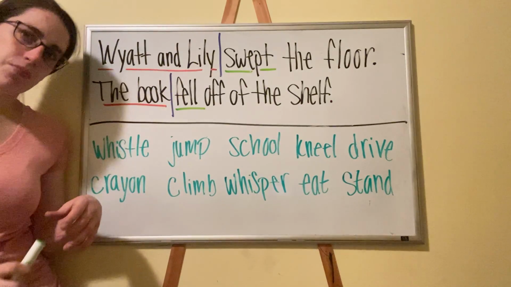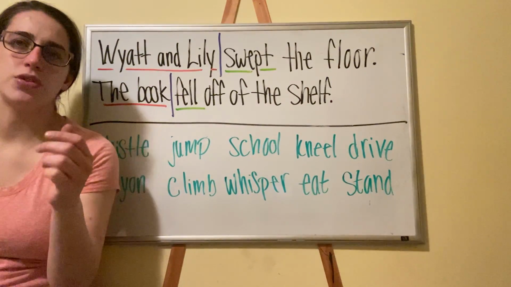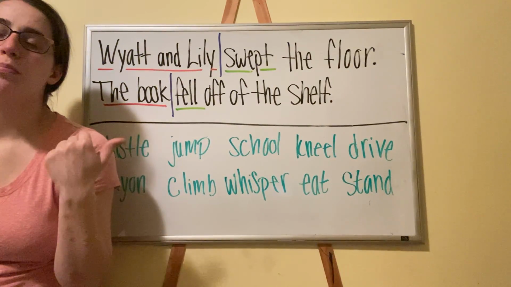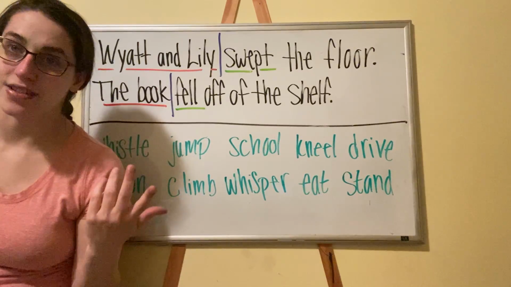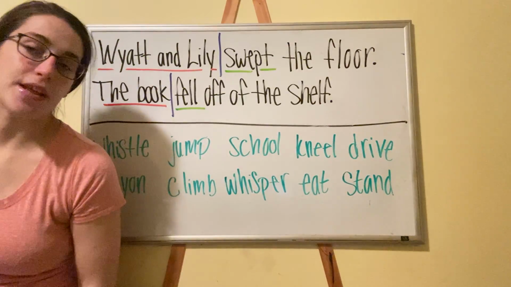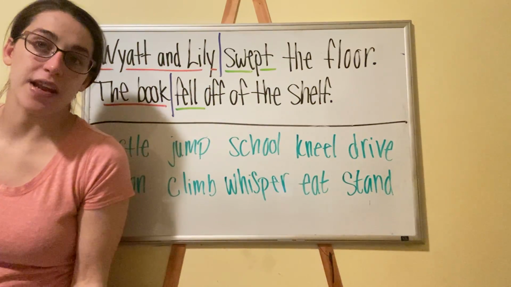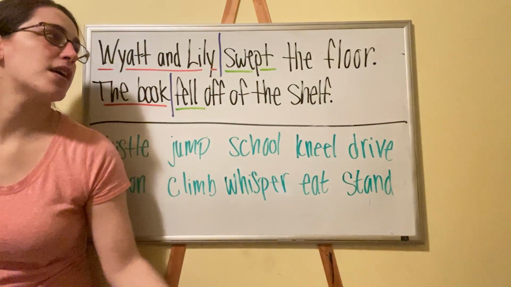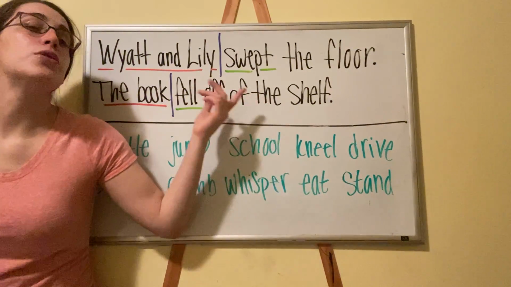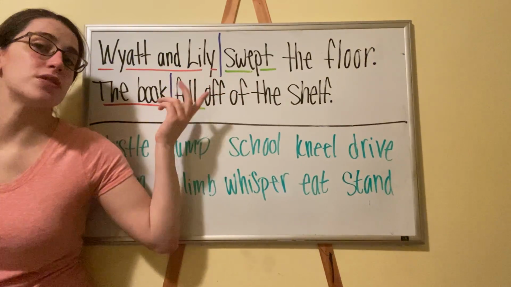Now, we've talked briefly before about past, present, and future tense when things are happening. So past tense, swept. Present tense, if it's happening now, you are sweeping. Future tense, you will sweep.